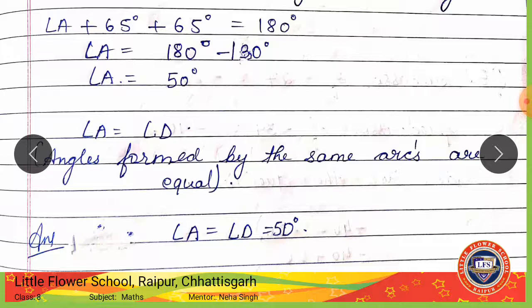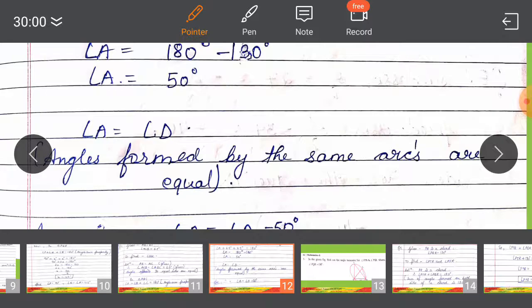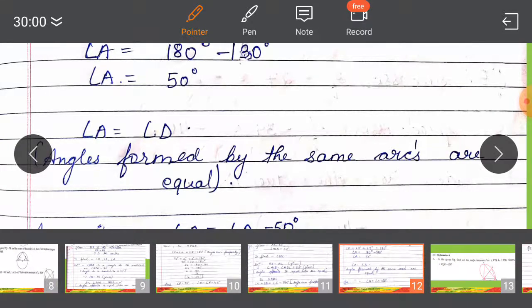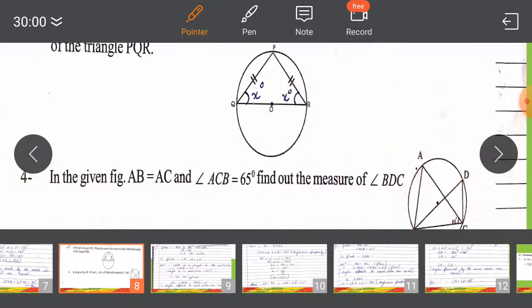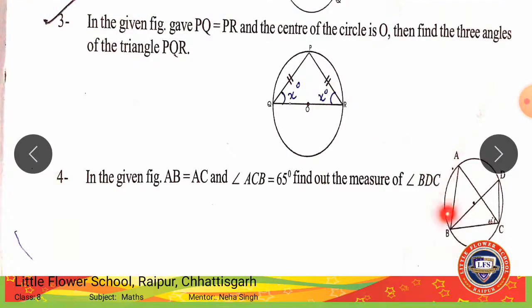Now A and D will be equal. Why? Same concept as we have done in the third. A and D will be equal because they are on the same segment of the circle. See, if this is the major segment, and this is the minor segment, since A and D both are in the major segment, the values will be equal because angles in the same arc of the circle are always equal.